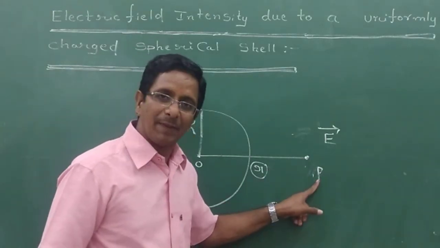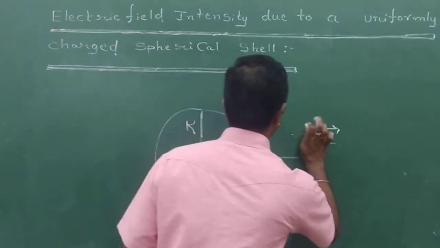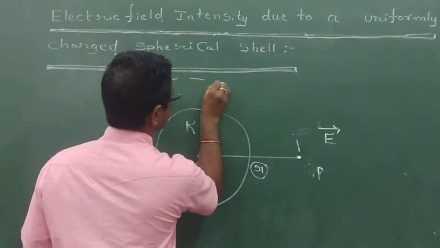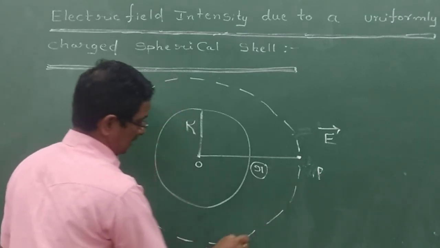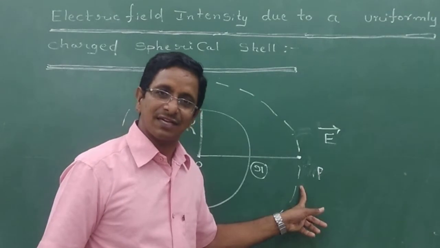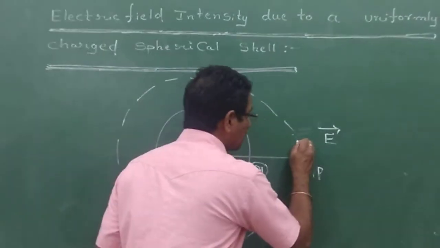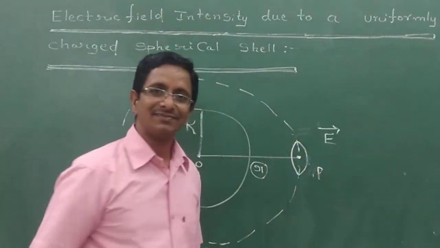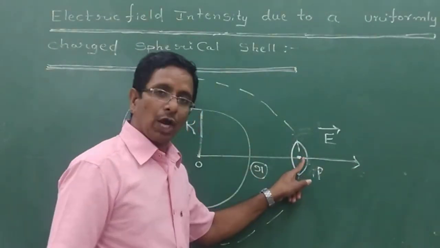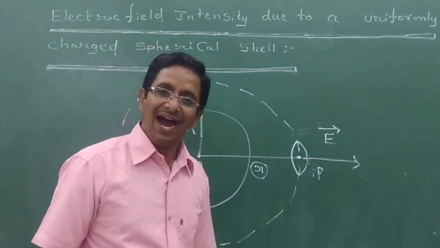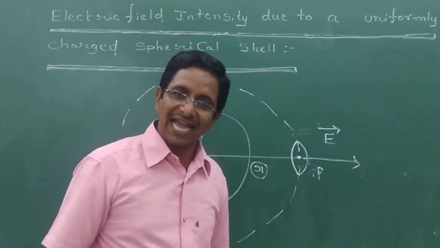To find the electric field at a point P, we have to draw a Gaussian surface through the point P. Now I draw a Gaussian surface through the point P. Now I took a small area around the point P. Now this area is a scalar quantity, but when multiplied with a unit vector, it has a direction.